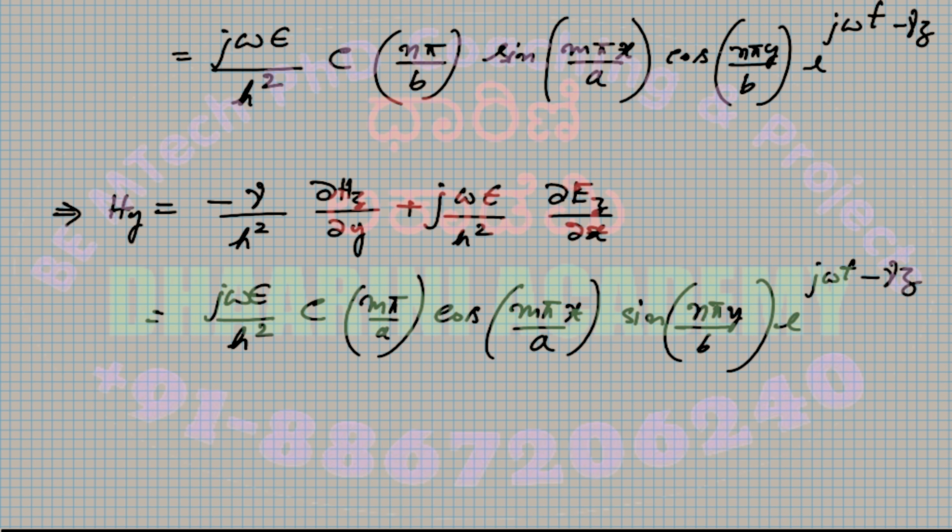Okay, so all the 4 required components we have calculated. That represents the complete electric and magnetic fields for TM wave.